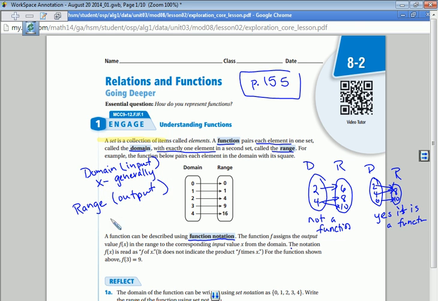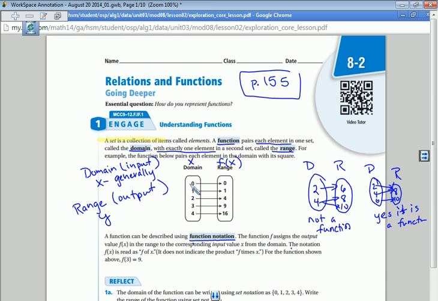And what have we always used for the output? Y. Okay, so usually we would call our input X and our output Y. But now we're going to start using function notation. And instead of using X and Y, we're going to say the function f assigns the output f of x. So our output is going to be called f of x in the range to the corresponding input of x.